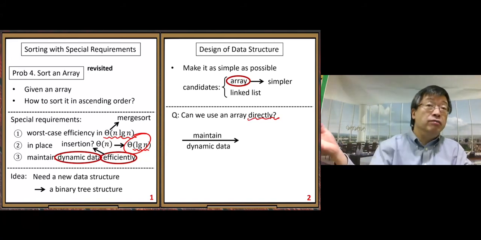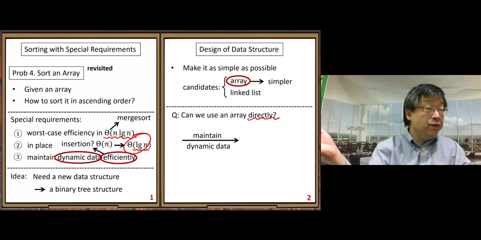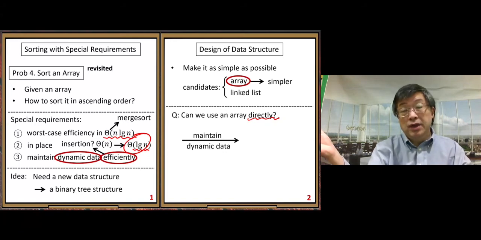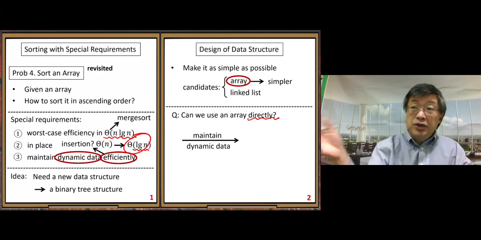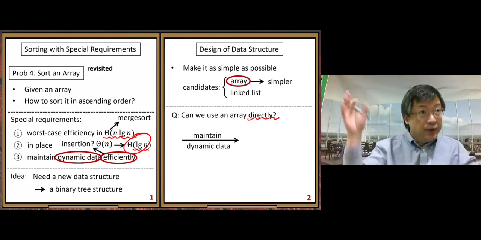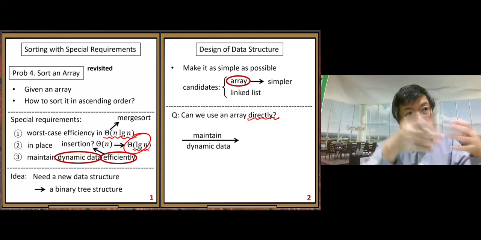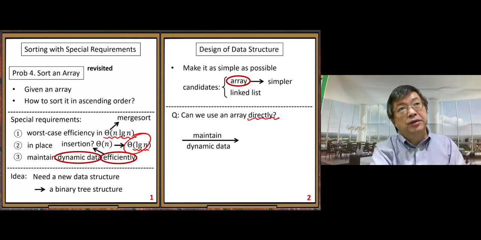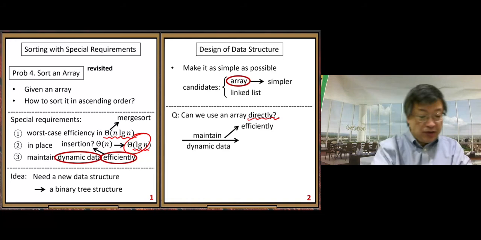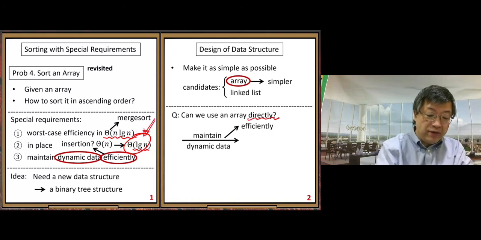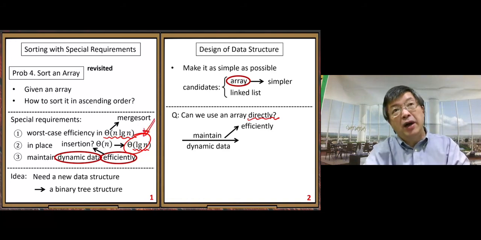Because we do not know what special thing we should do at this point, we may not be able to do anything special here. So if you just grab an array and use it directly to manipulate dynamic data, and you want to make it efficient, we mean this big theta of log n.